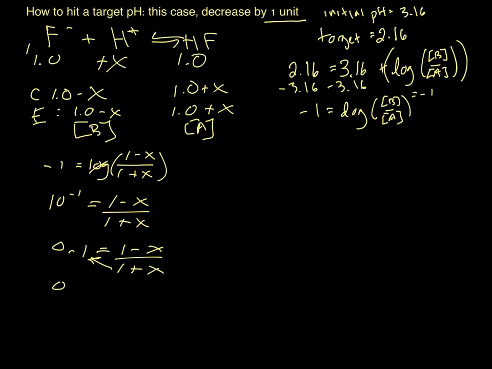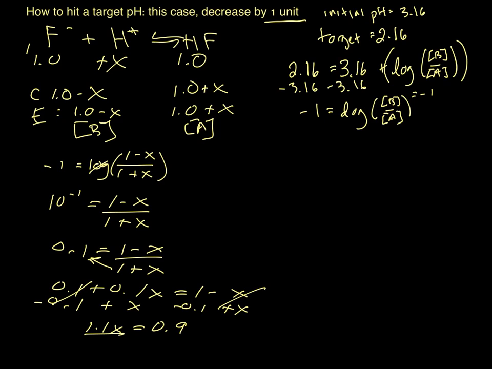Cross multiply that up. 0.1 plus 0.1 times X is equal to 1 minus X. Now we're going to, again, continue to just do algebra to get ourselves into an easily solvable equation. And that ends up to be 1.1x is equal to 0.9.